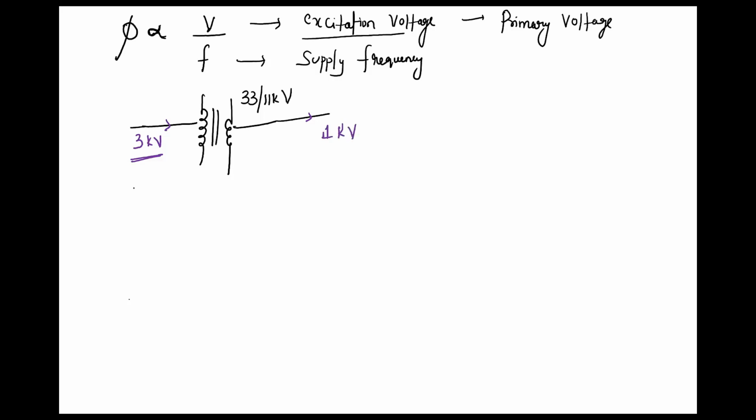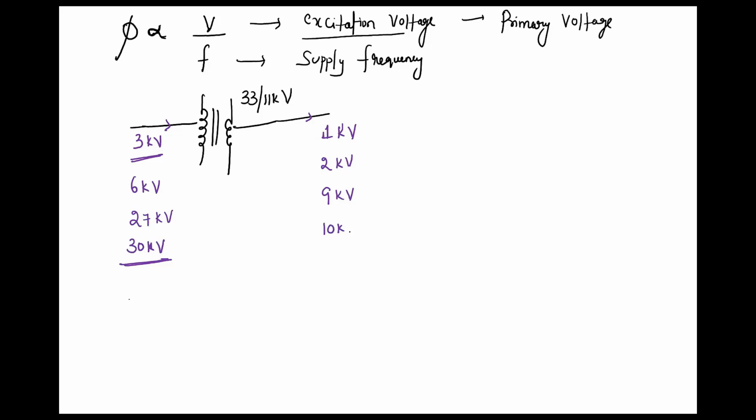Okay. Now I'll apply 6 kV. What will be the output? 2 kV. Likewise, if I apply 27 kV at the primary, what will be the secondary voltage? 9 kV.